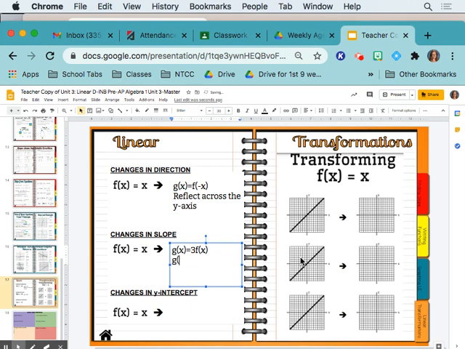Or it could be g of x equals f of 3x. Both of these will cause a change in the slope. The line will be 3 times steeper, just because I used a 3. If I used a half, it would be half the steepness, meaning less steep.